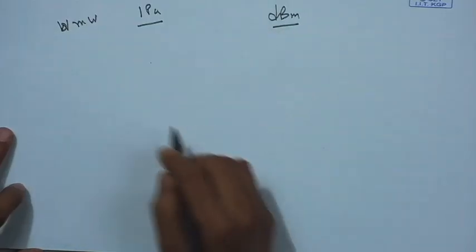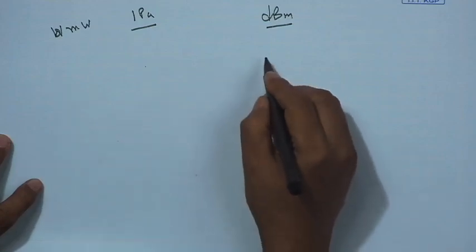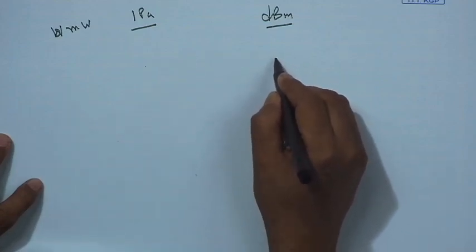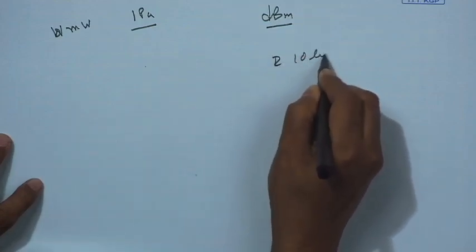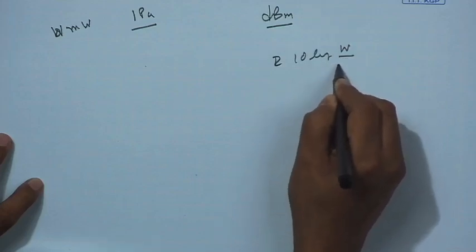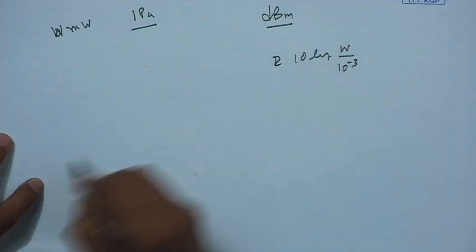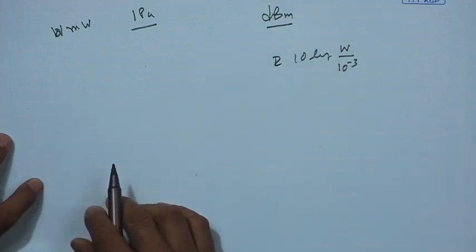So, it is not dB. If it is milliwatt, then it is called dBm. Power is in dBm. We have already discussed what dBm is. It is nothing but 10 log of power divided by 10 to the power minus 3, that is, power with respect to milliwatt.